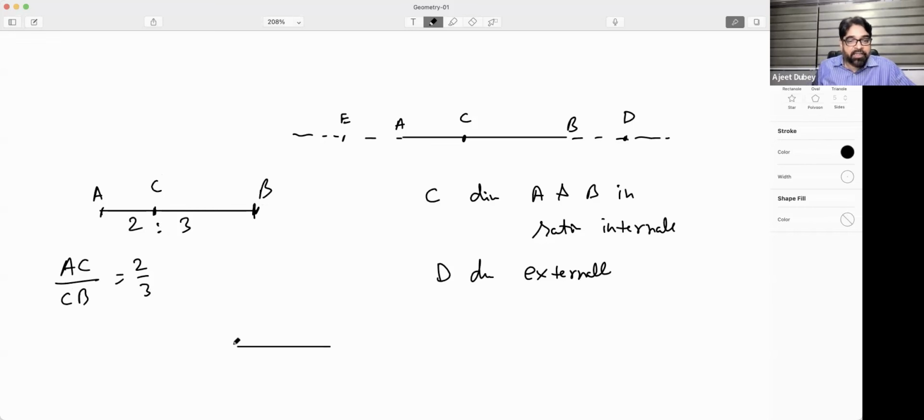Imagine a situation. Suppose this is A, this is B, and this is the D point. Let's say AD by BD is equal to 5/2. So we'll say D divides A and B in the ratio 5:2 externally. This is called the external division, because D is outside of AB.